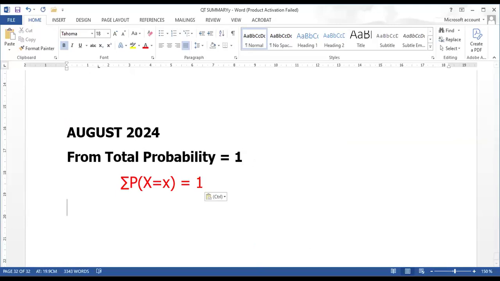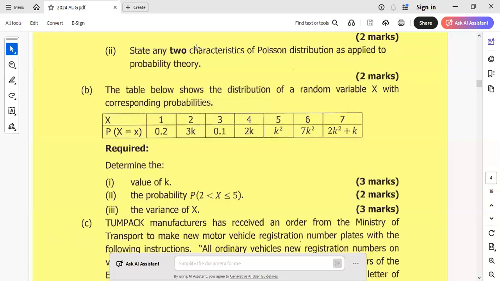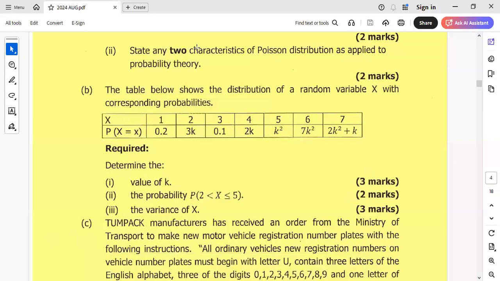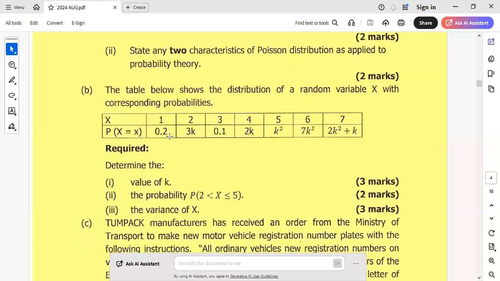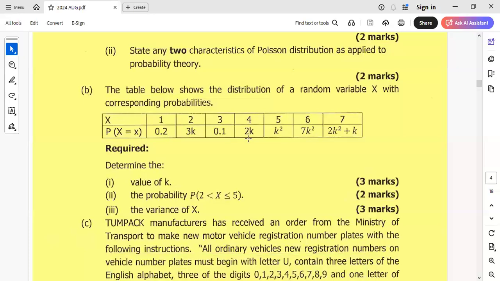Can you handle adding these figures? 0.2 plus, 0.3 plus what? You first write 0.2 plus 3k plus 0.1 plus 2k plus k squared plus 7k squared plus 2k squared plus k is equal to 1.